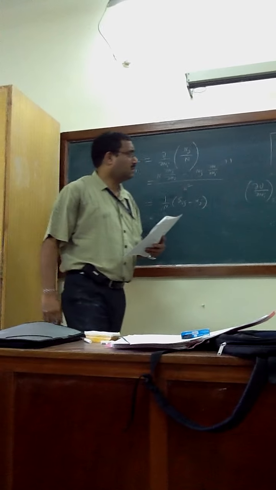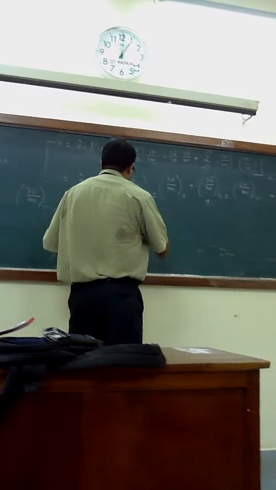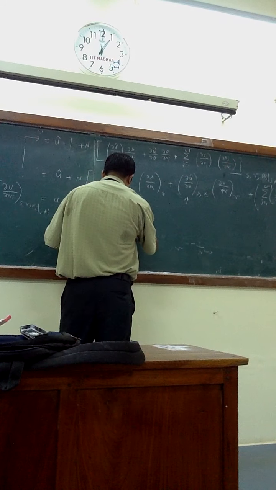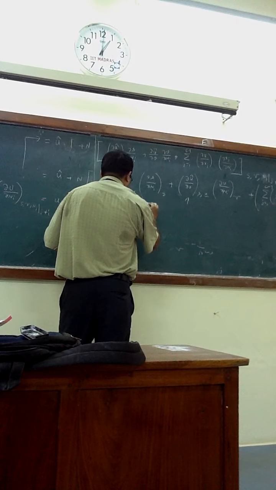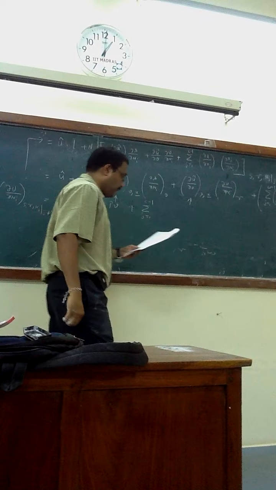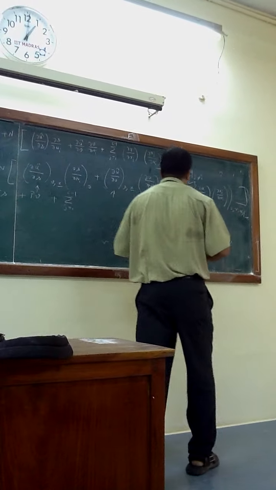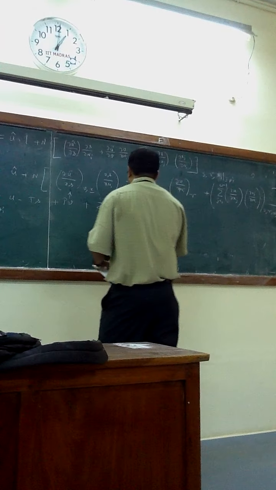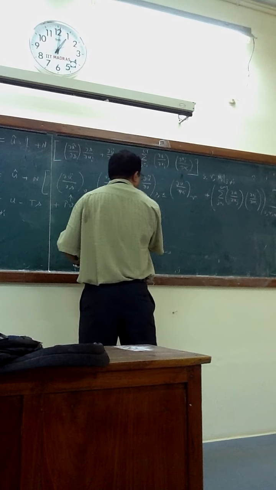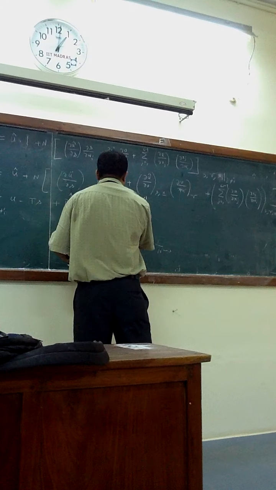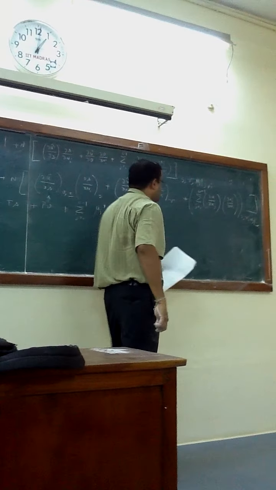Right. Next step. Plus the sum over j equals 1 to C minus 1. Let's see this expression. ∂U/∂xj is μj star. Am I correct?